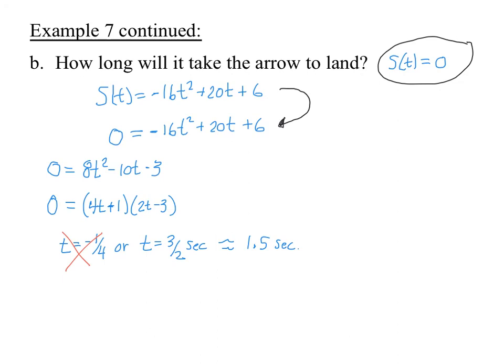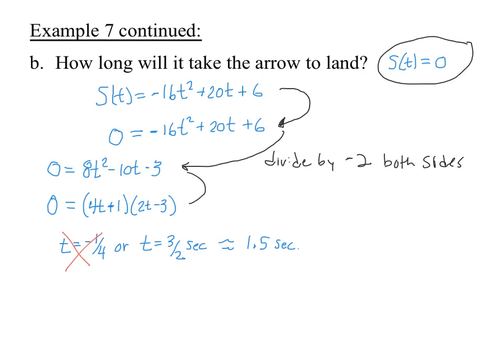We divide both sides of the equation by negative 2, and we get 0 is equal to 8t squared minus 10t minus 3.